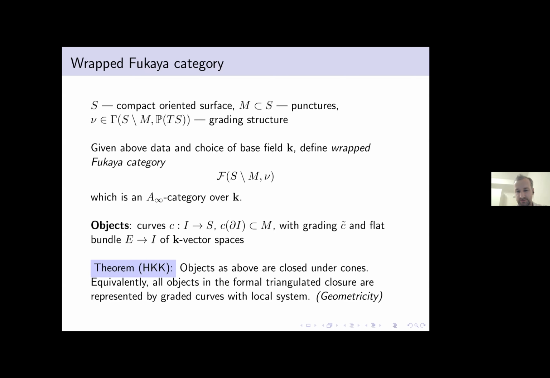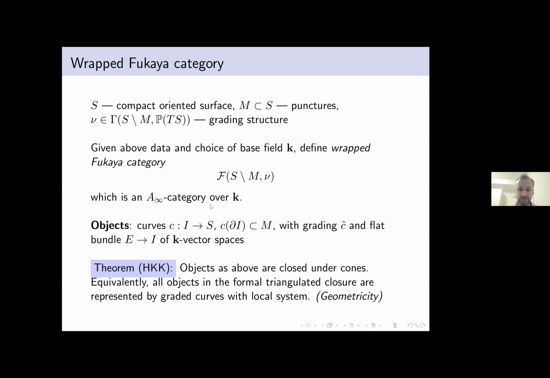And one result about these categories, which is important for constructing these stability conditions, proved in this paper with Maxime and Ludmil, is a kind of tame representation type result.